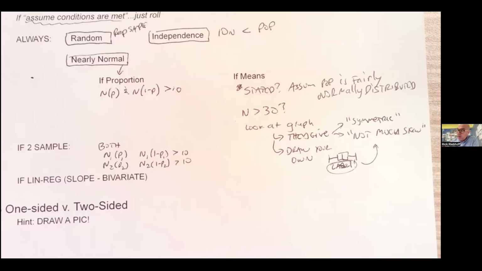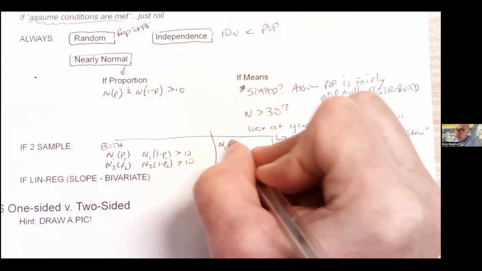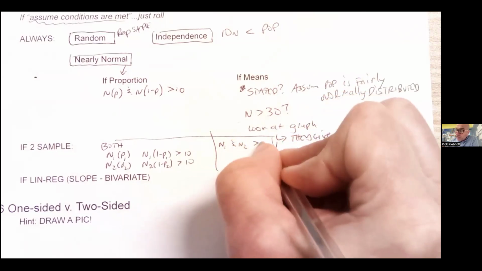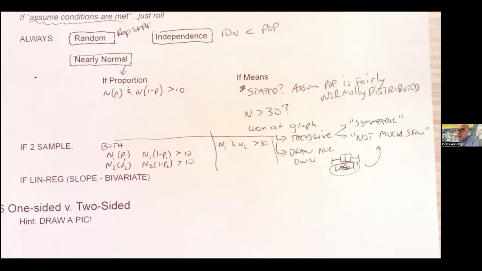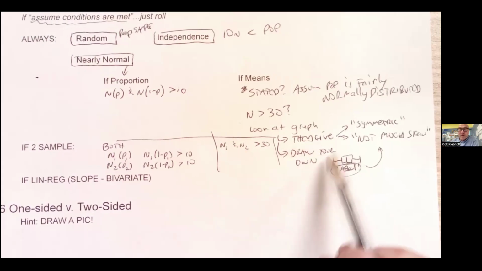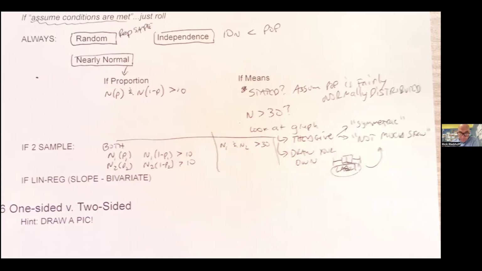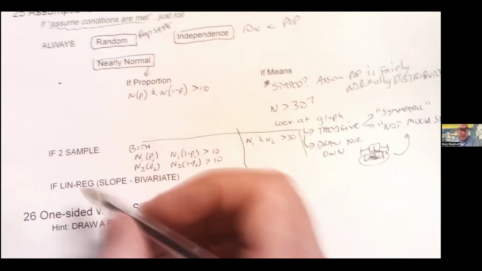Okie dokie. Means can be two sample as well. If they are, both n1 and n2 must be greater than 30, right? We could look at both graphs, that kind of stuff. Let's see, what else do we got? Oh, shoot, one more thing for two sample, my bad.